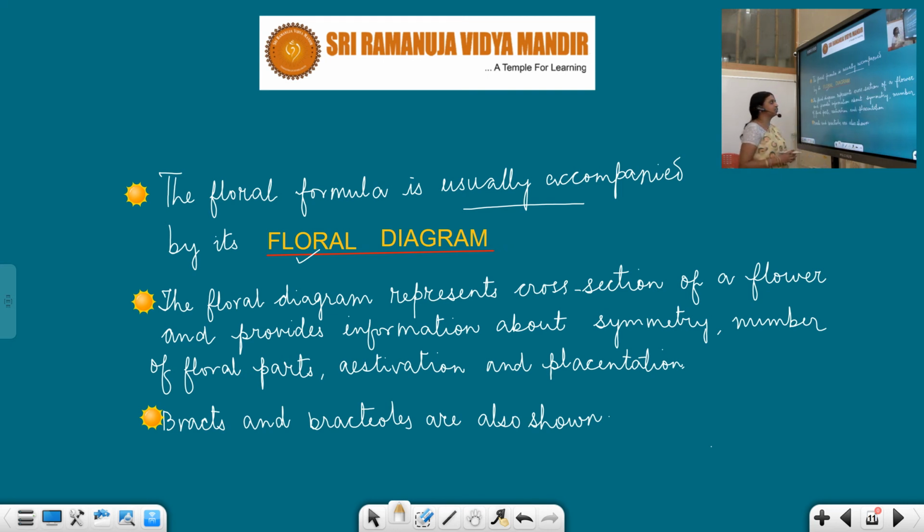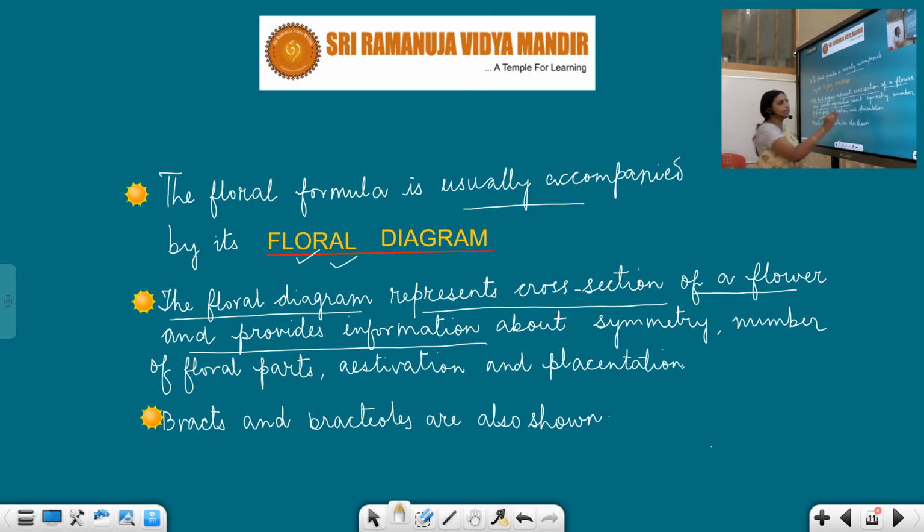To represent this structure, the floral diagram represents a cross section of a flower. So it is the ground plan of a flower, the cross section of a flower, and provides information about symmetry.